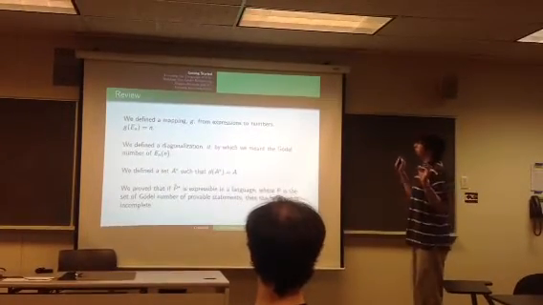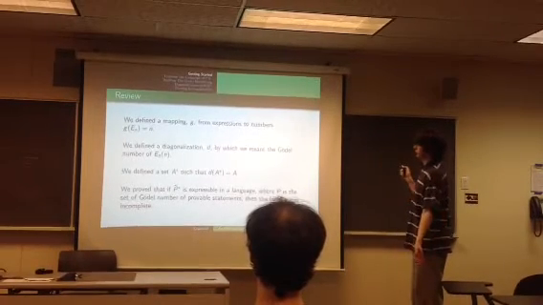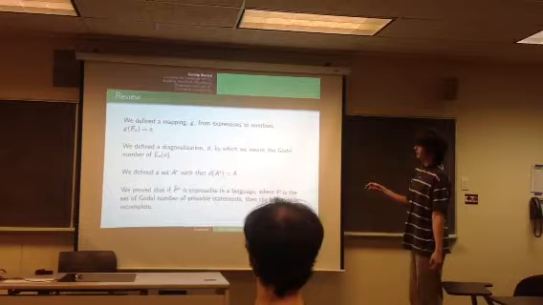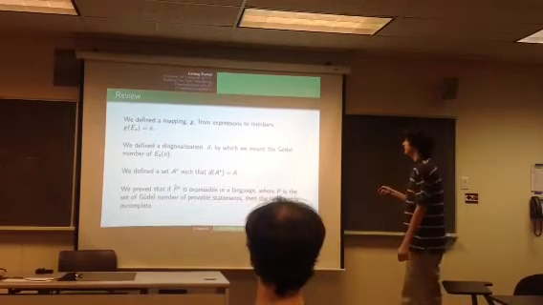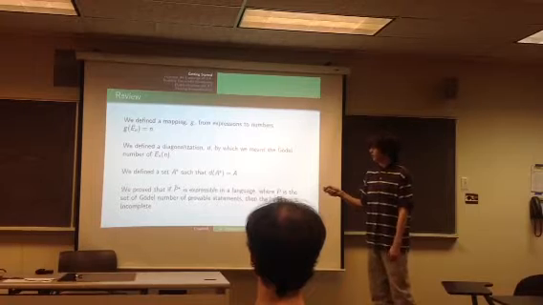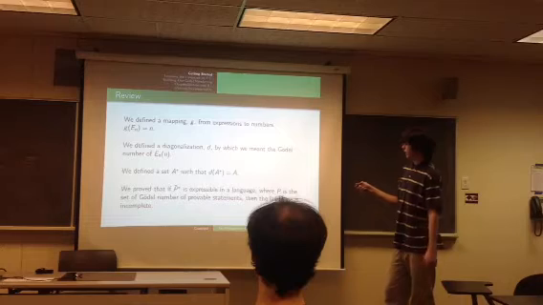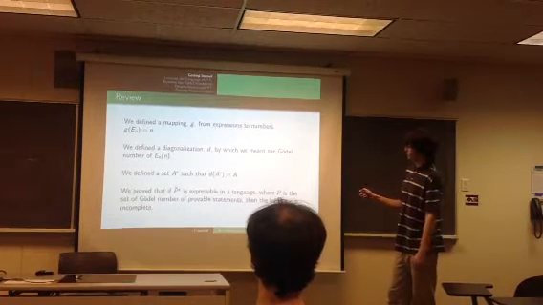Really quick, what we did last time is we defined a mapping G from expressions to numbers so that E sub n is the expression with the Gödel number n. We then defined a diagonalization, which meant the Gödel number of this expression.